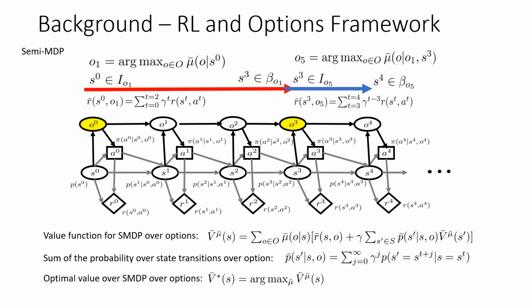Then option O5 was selected at time step 3 and then terminated at time step 4. By introducing option reward functions as a discounted sum of rewards that are accumulated during the option execution, we can express the value function for the semi-MDP over the options, similar to the value function for the flat MDP.